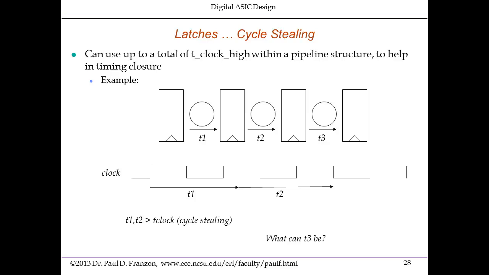In this particular example, the arrival time of D at this point here is now exactly at the falling edge of the clock going to that latch. Well, the answer is that T3 is now constrained to be t clock.